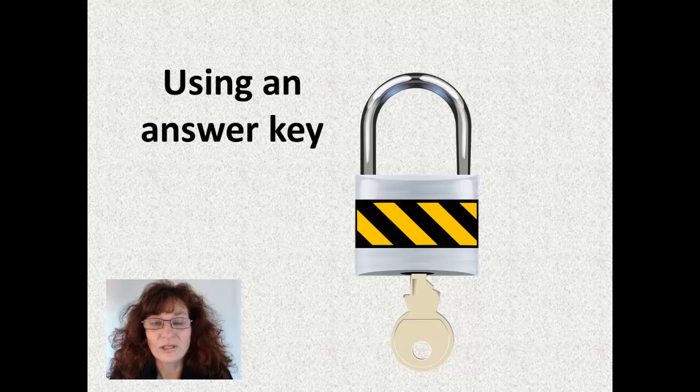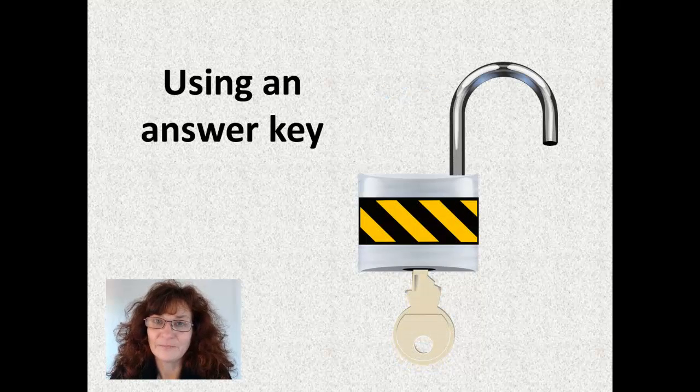Something else you can do is to use an answer key. Giving feedback doesn't have to be about the teacher in the front of the room giving out the right answers or eliciting the right answers from the learners. It doesn't have to be that at all. If you've got an exercise with 10 questions, give them the 10 answers. Let them check together in pairs.